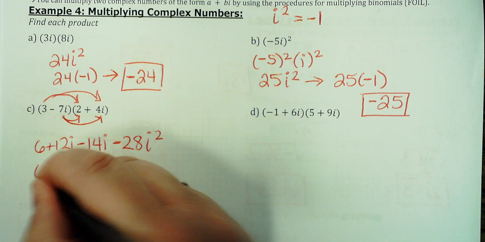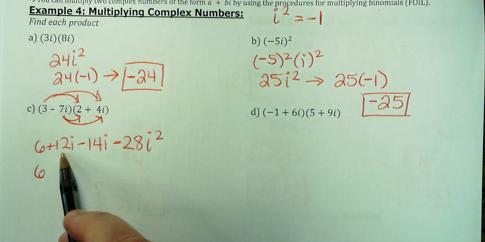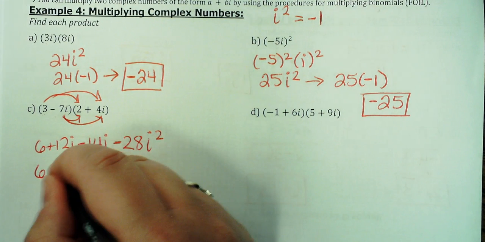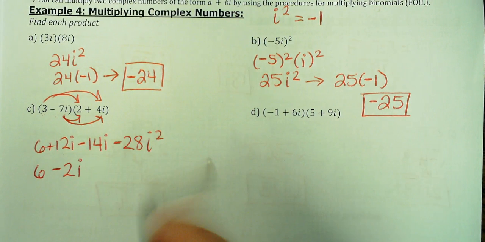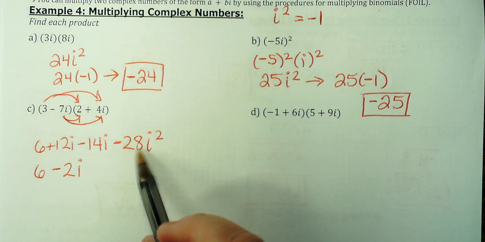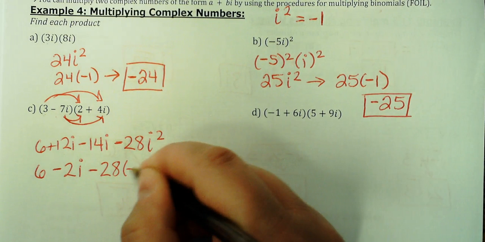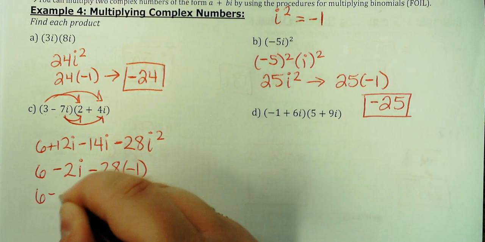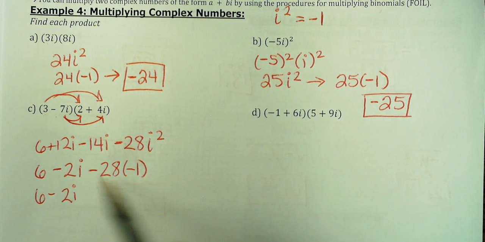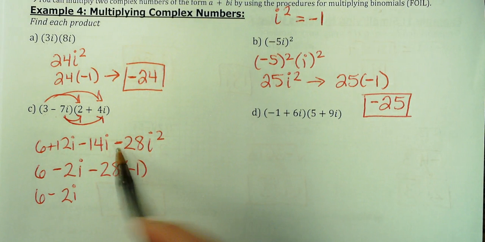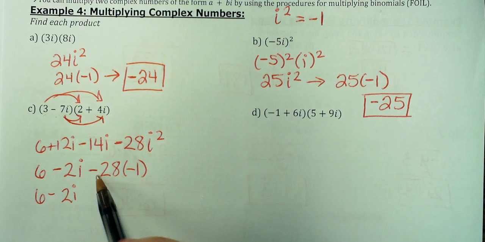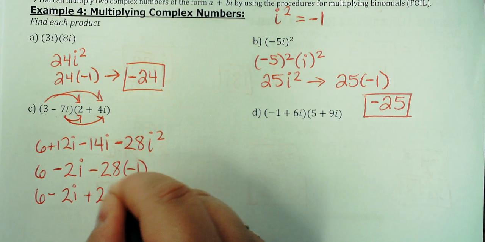Now, in the middle here, I can combine these. So this is 12 minus 14, so that would be minus 2i. You're not going to combine it here, though, because this is an i squared. Now, i squared, remember, converts into negative 1. So here I have 6 minus 2i. This term on the end, it's minus 28i squared, so it's negative 28 times negative 1, so it's actually plus 28.